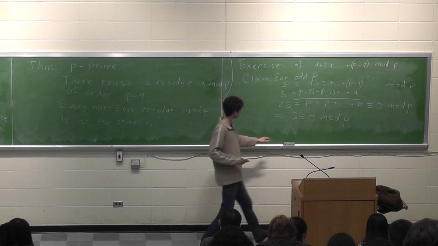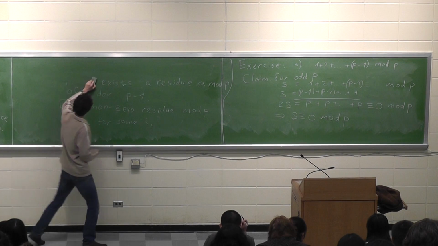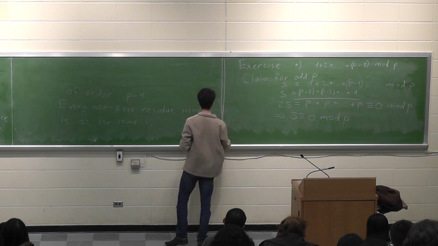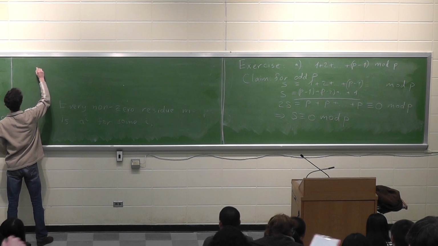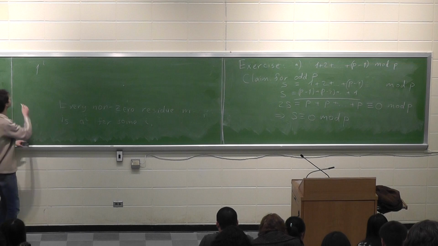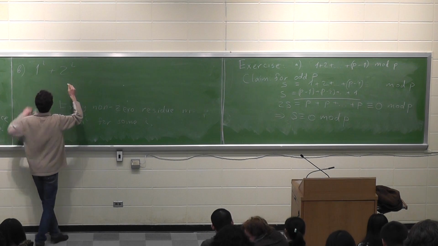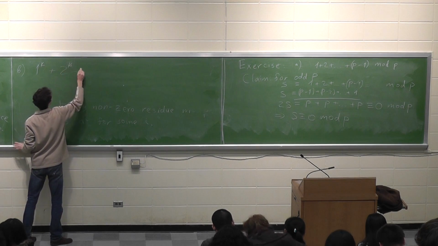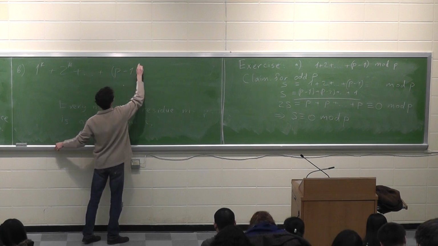Now what if I take a similar sum, but now I'm computing 1 to some power k, where k is some integer, plus 2 to the power k, plus, and so on, plus p minus 1 to the power k.